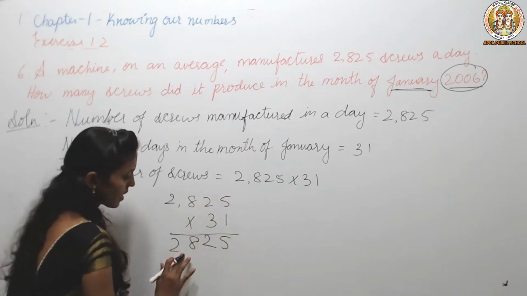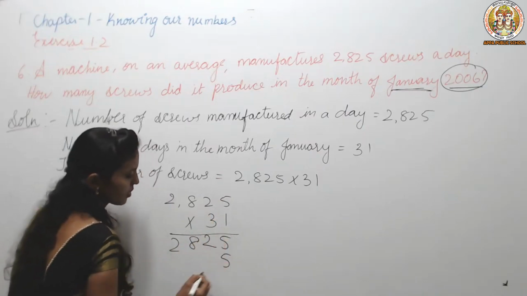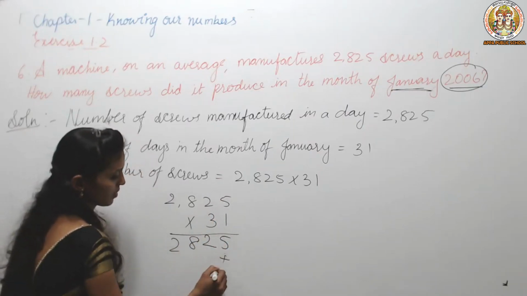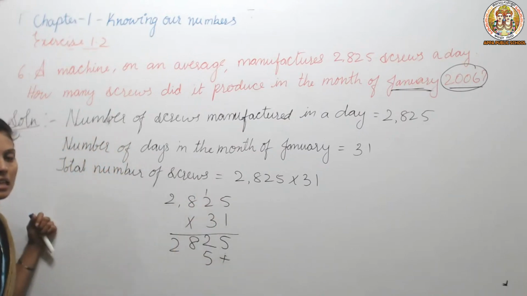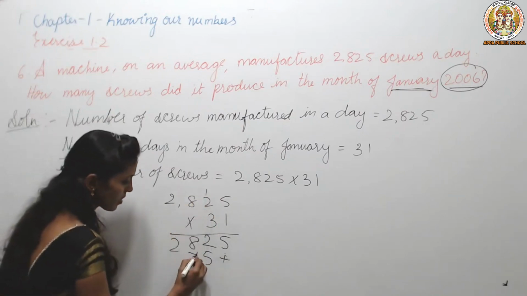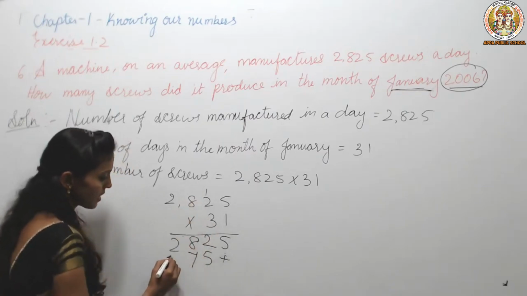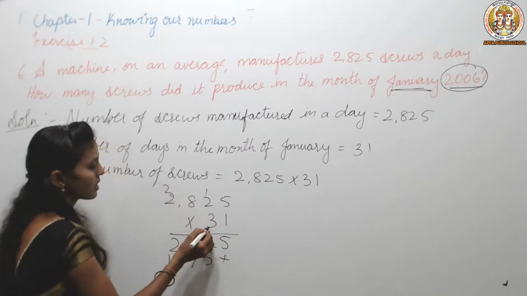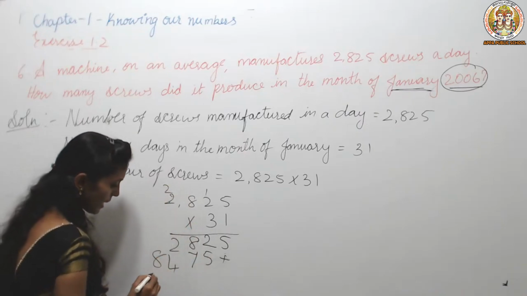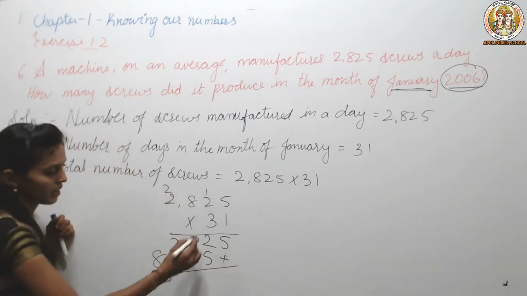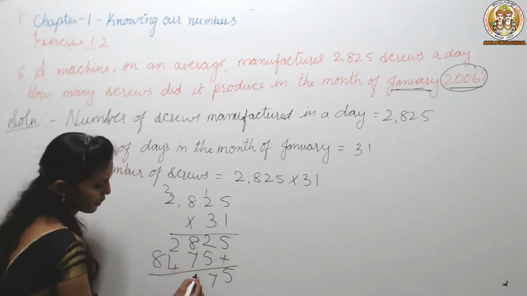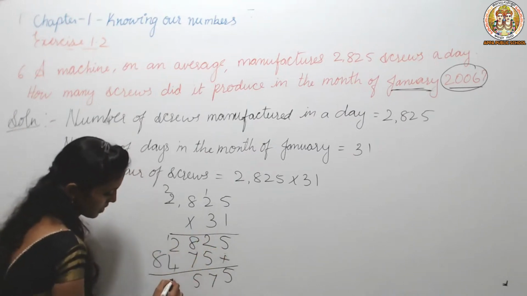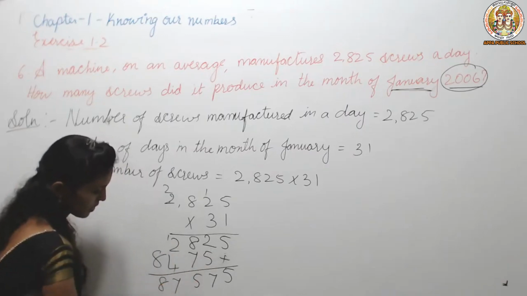Then 3 5s are 15, 1 carry, 3 2s are 6, 6 plus 1, 7, 3 8s are 24, 3 2s are 6 plus 2, 8, 15, 7, 8.